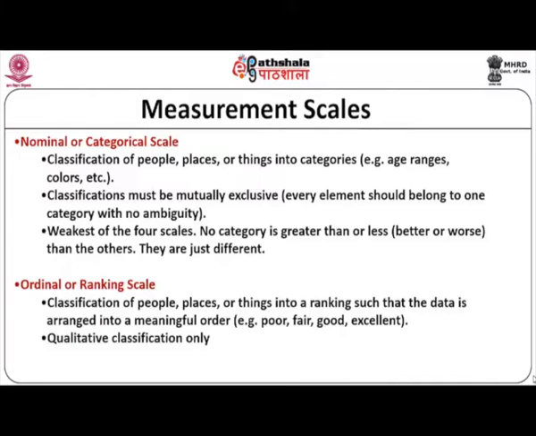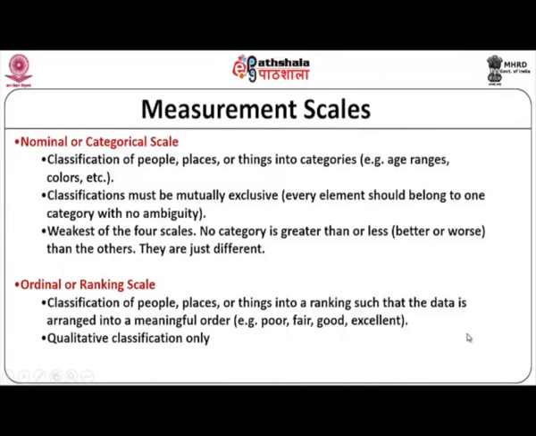Now, the labels poor, fair, good and excellent are in a sequence or in an order. So, we may be identifying which among that ordered categorical label need to be assigned to a data. So, this is what is called as ordinal or ranking scale data. Both this nominal categorical scale as well as ordinal or ranking scale are used for qualitative classifications only.